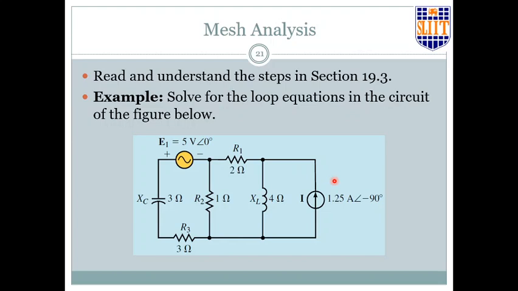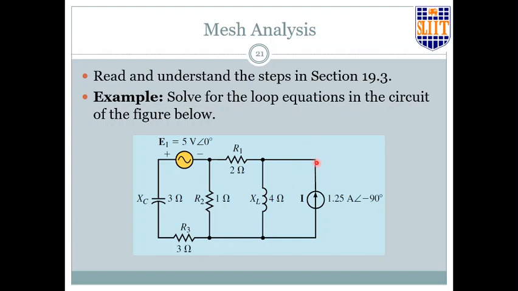The only difference is that now we are solving everything in the complex number domain, because all these parameters generally have a magnitude and a phase angle. So this is j4, the capacitor is minus j3. All these values are in the complex number domain, so that's what we have to consider here.